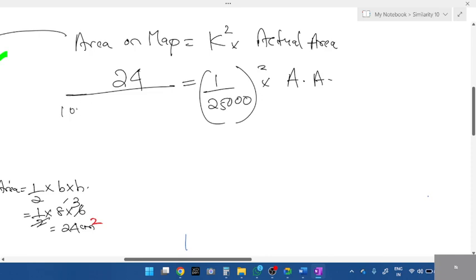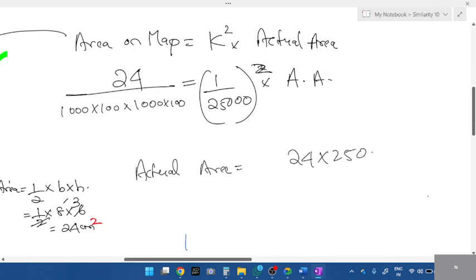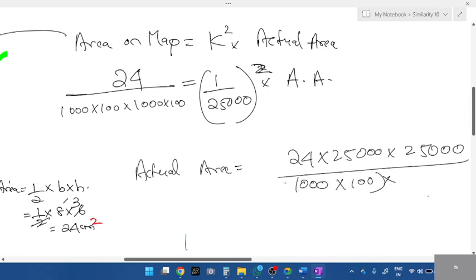So 1000 into 100 into 1000 into 100. Now 25,000 is also multiplied twice, k square is multiplied twice. So actual area is equal to 24 into 25,000 twice divided by 1000 into 100 twice. Just multiply twice like this.